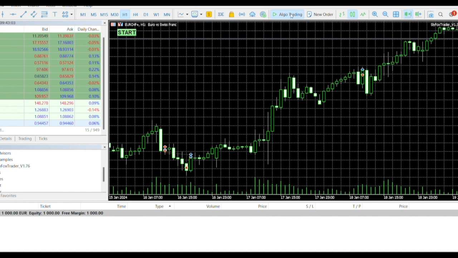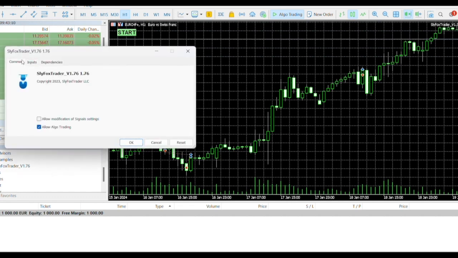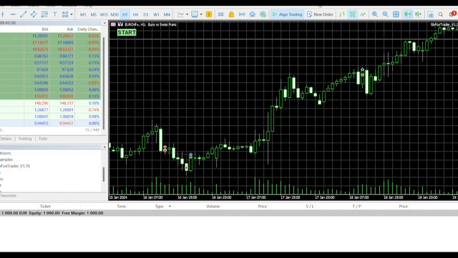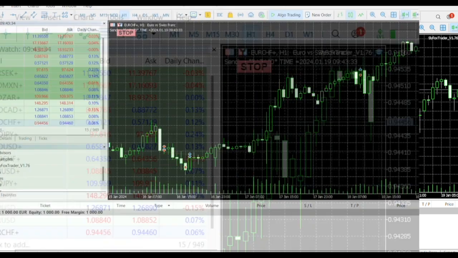So make sure that you activated algorithm trading, and also allowed the DLL imports. So this is blue on both sides, and then we can start on both. And as you can see now, it's synchronized. So let's start with trading.